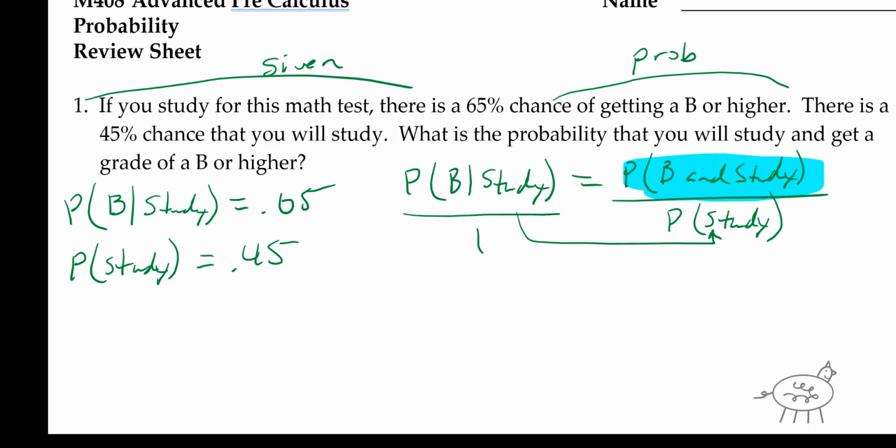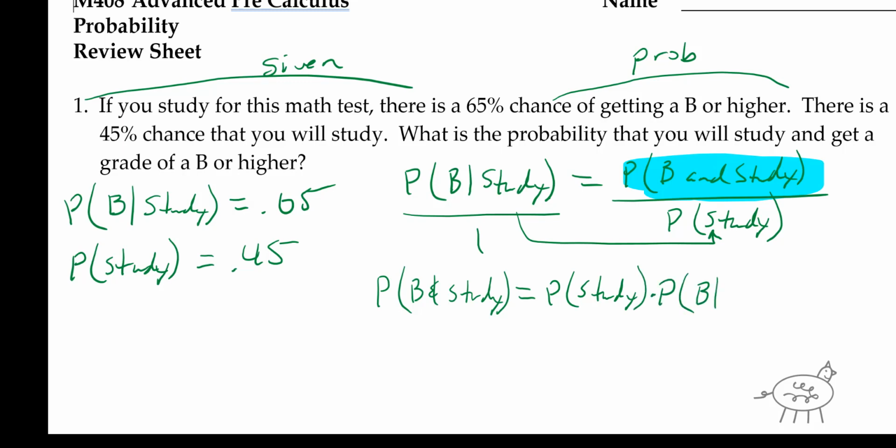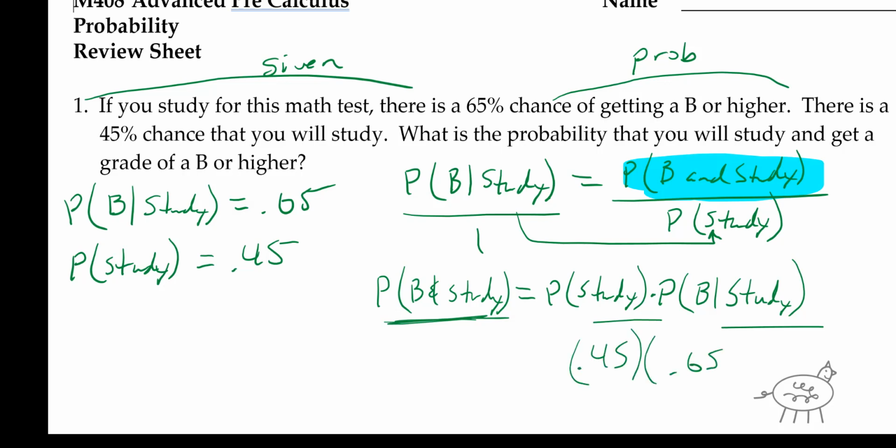The probability of B and study is those multiplied together: the probability of studying times the probability of a B given that you studied. So it is 0.45 times 0.65, and my answer is 0.29. All right, moving on.